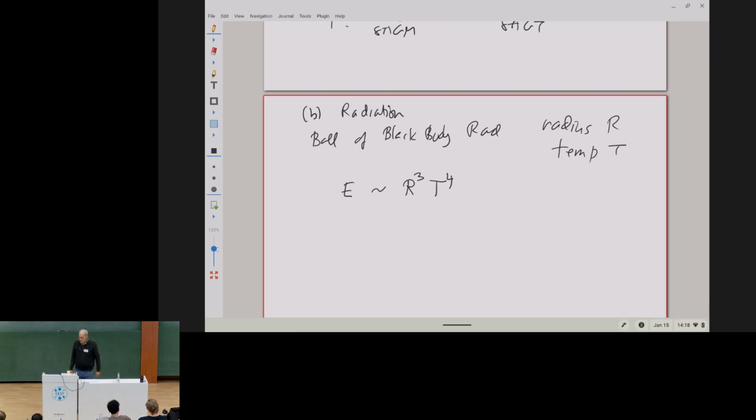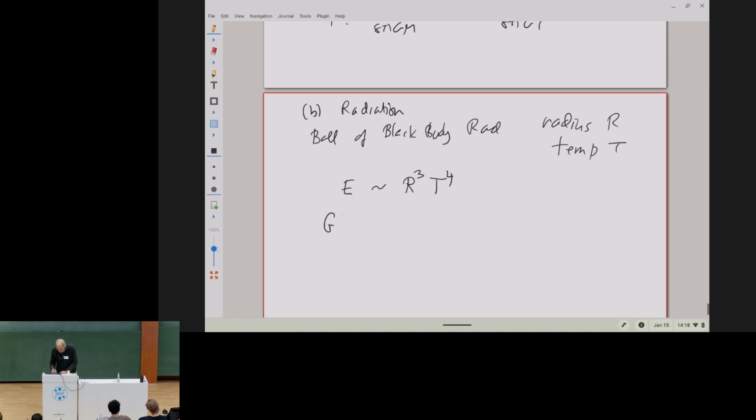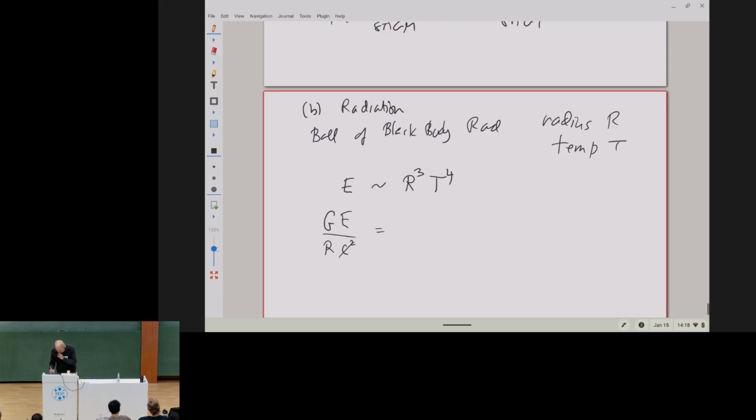So the energy in that ball is r³T⁴. But if you want to know whether it will collapse into a black hole, you have to look at this ratio, GE over rc², where we usually set c to 1, which therefore is G r² T⁴.